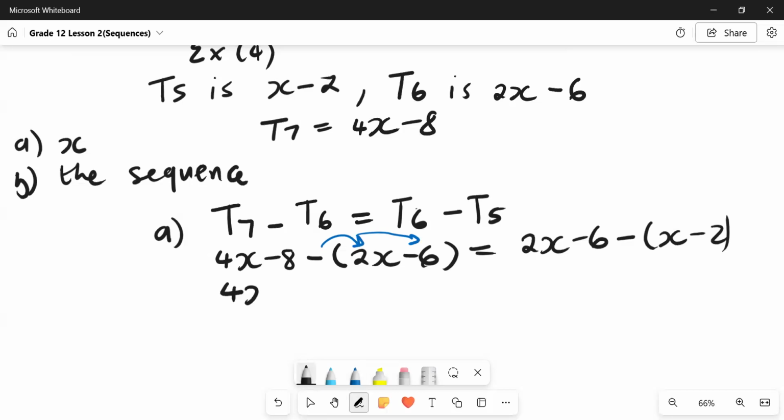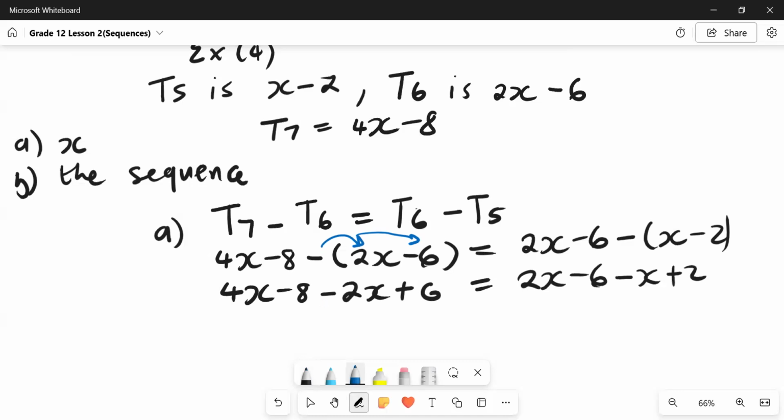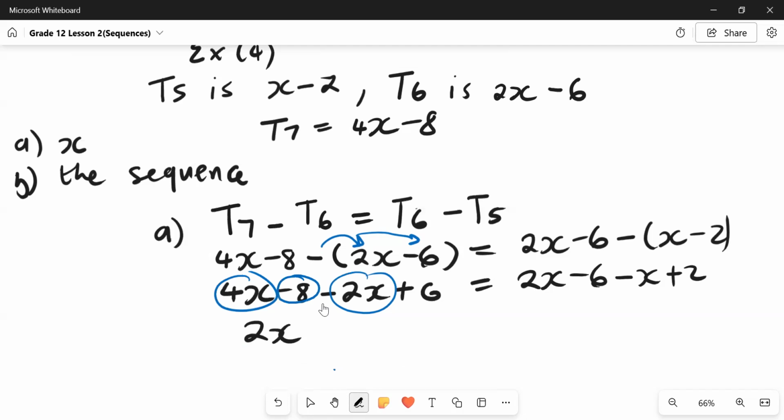So now we have your 4x minus 8, that's minus 2x there, plus 6 equals, now you'll have your 2x minus 6, which is minus x plus 2. Now collect the like terms, my favorite step. Collecting the like terms, 4 minus 2, that's 2x. Minus 8 and 6, we get minus 2 equals 2 minus 1 here, that's x.